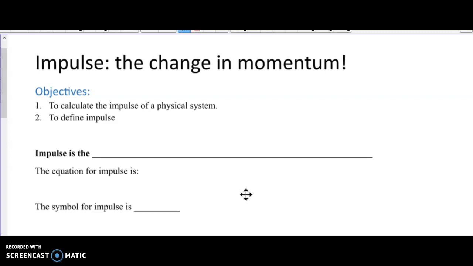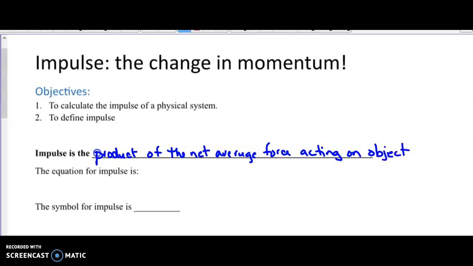So impulse is the product of the net force, net average force, acting on an object and the time over which the force acts.